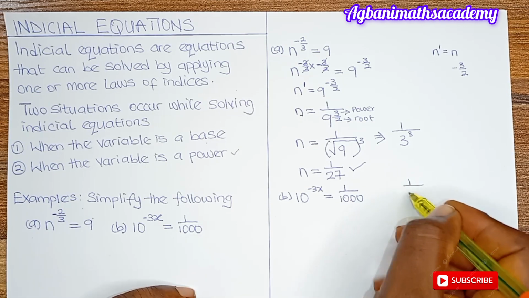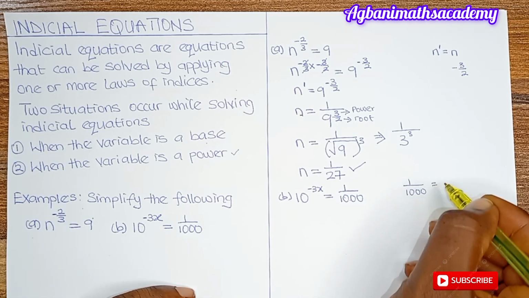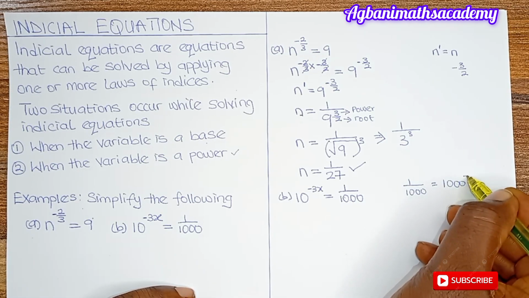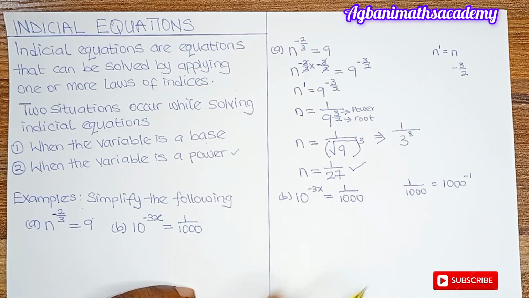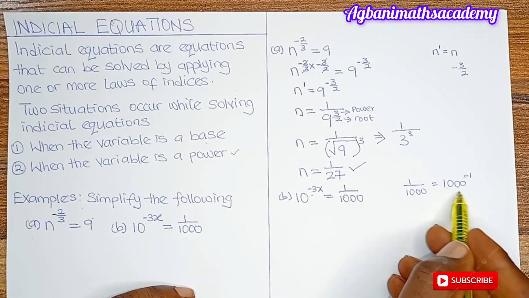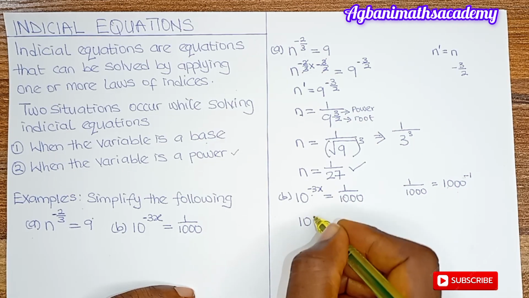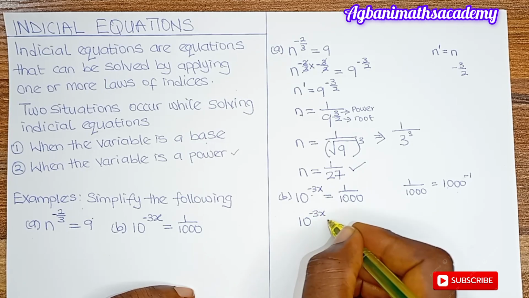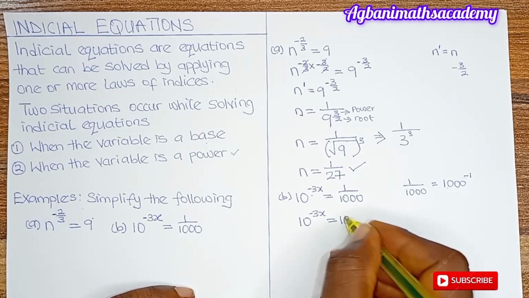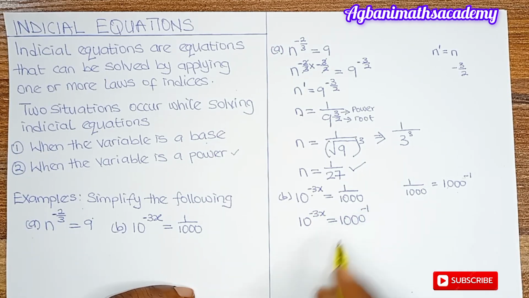But 1 all over 1000 is the same thing as 1000 to the power of minus 1, because minus means inverse. So we can replace this with this. So we have 10 to the power of minus 3x is equal to 1000 to the power of minus 1.